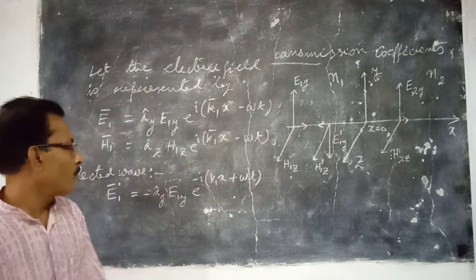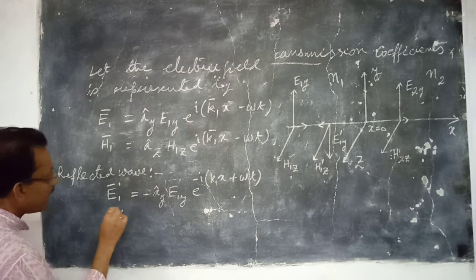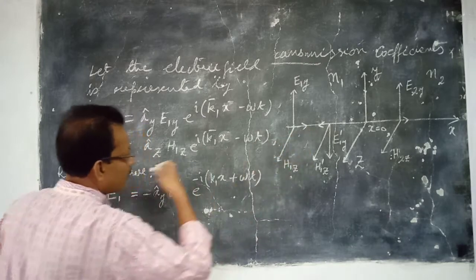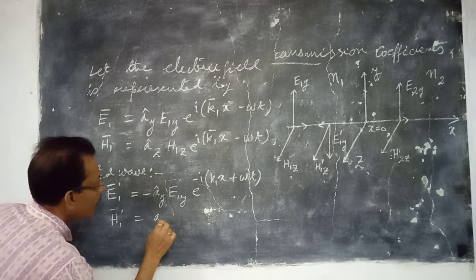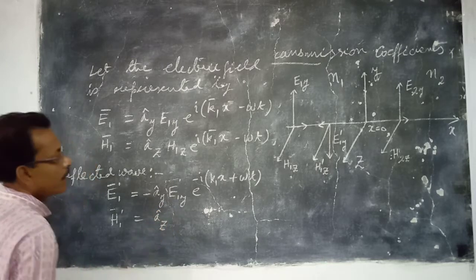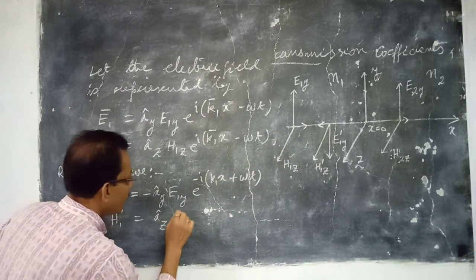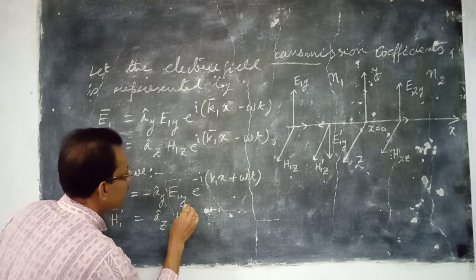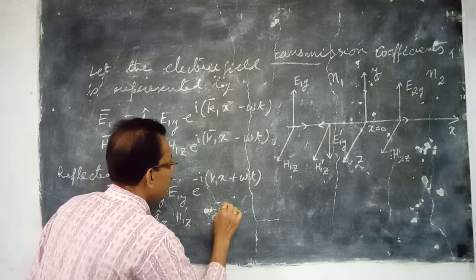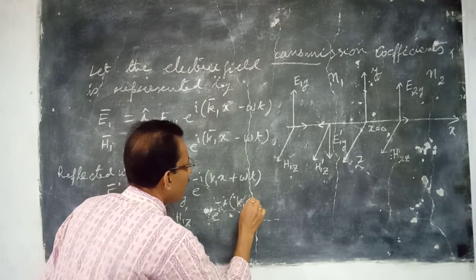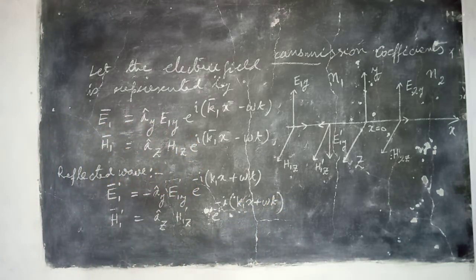Similarly, H1 prime is also traveling along the minus x-axis, vibrating along the positive z-axis, no minus sign here: H1z prime e to the power minus i(k1x plus omega t) is the reflected wave.